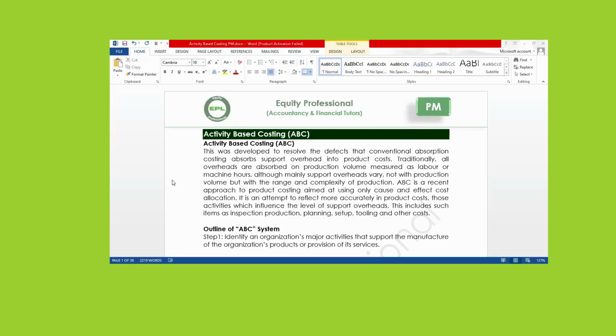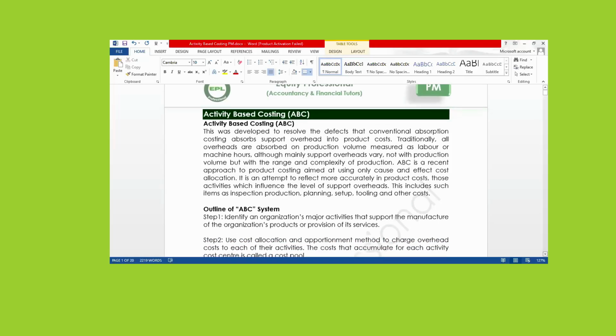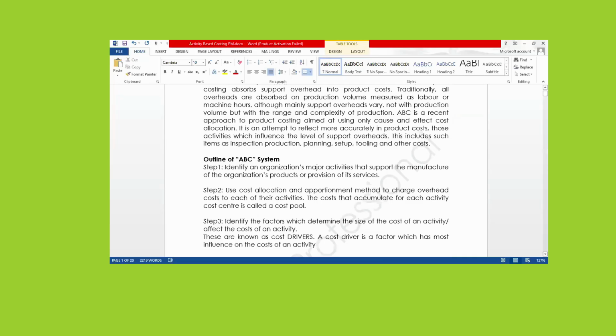Product cost reflects more accurately the activities that have given rise to the cost. We have explained at great length. May God give us a better understanding.